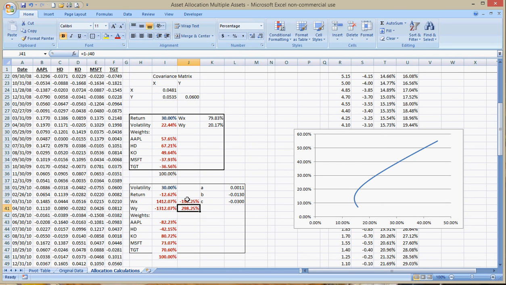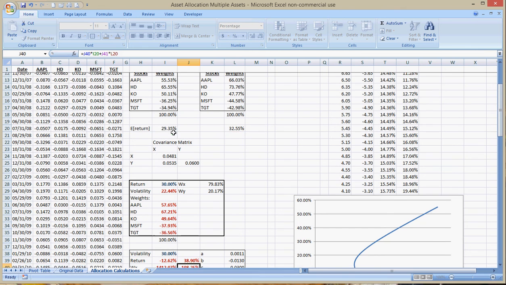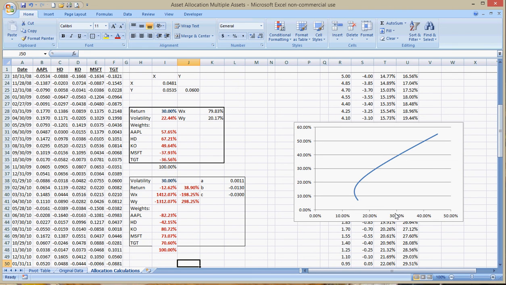And now look, we have a different weight for X, and I hope we get a different return. So let's just copy this over and see what we have here. Drag this back so it's referencing the right cell. And look at that return. That's a 38.9% return with a volatility of 30, going up to right there.